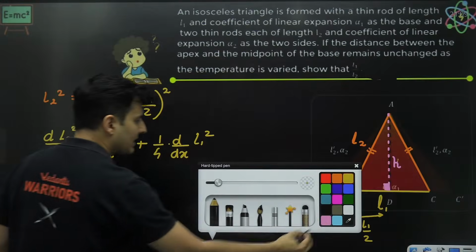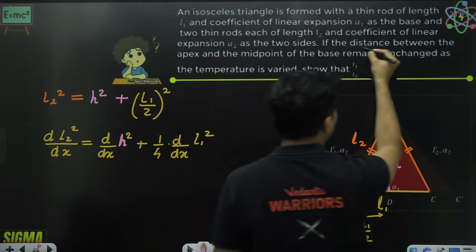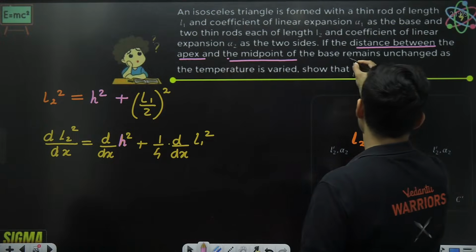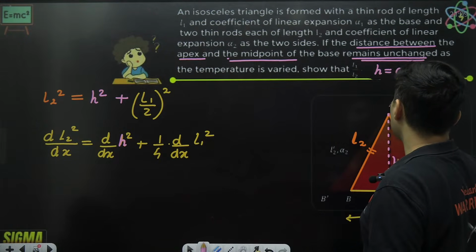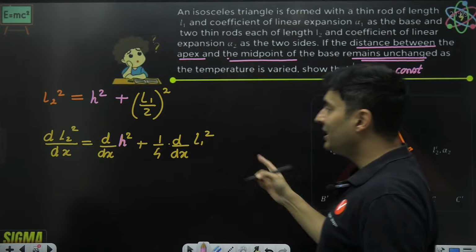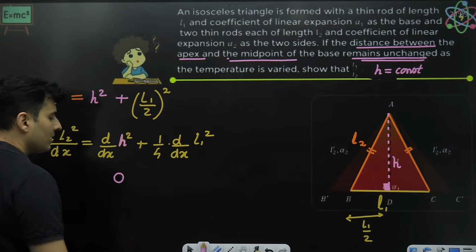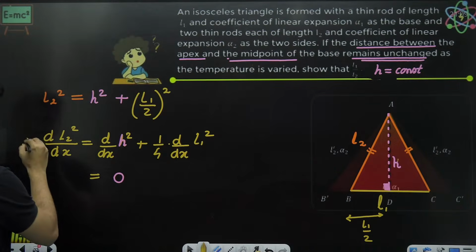The best part is that h is a constant. It's clearly mentioned that the distance between the apex and the midpoint remains unchanged. So h is a constant, and the derivative of h square should be absolutely 0. Interesting.